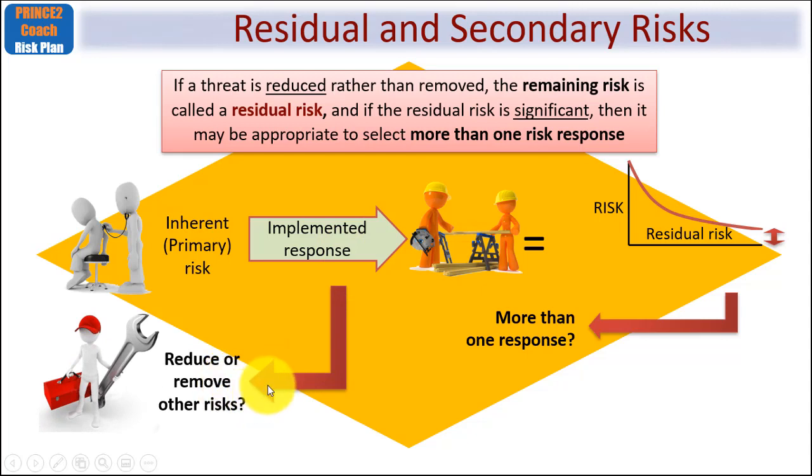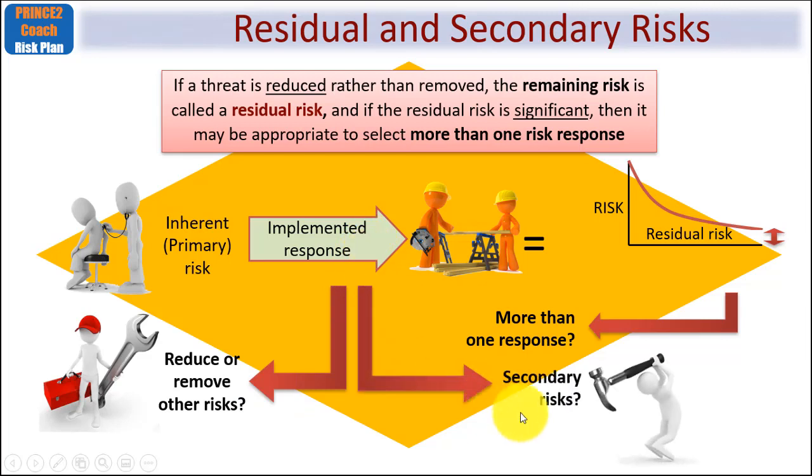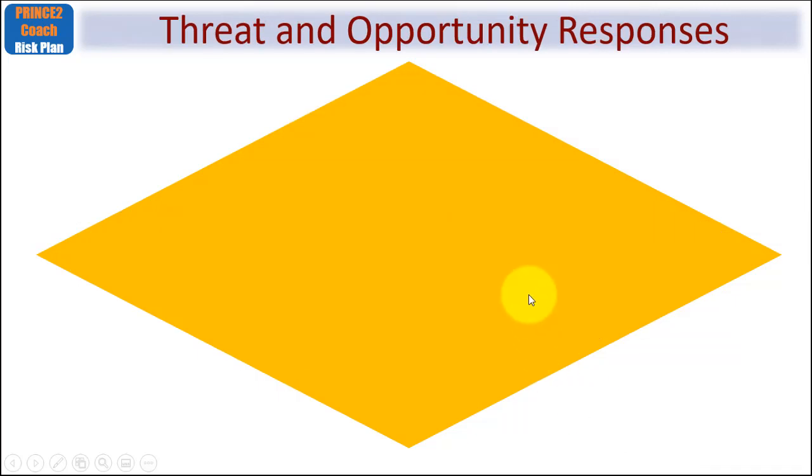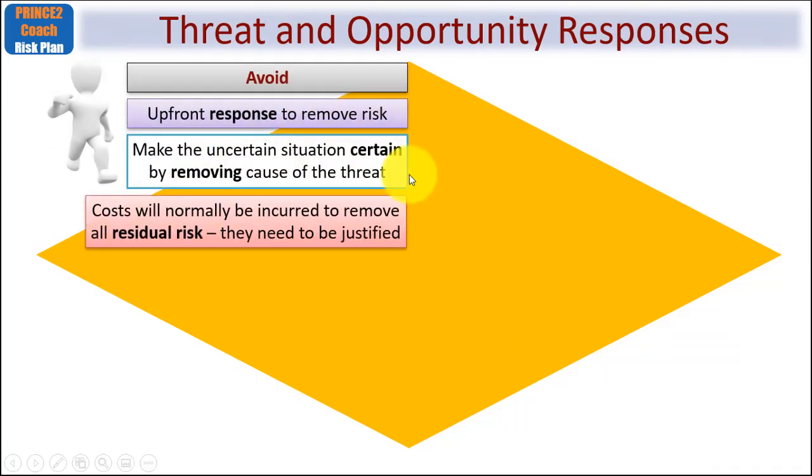Very often, reducing one will have a knock-on effect on other risks, as I'm suggesting here. However, by implementing your primary response, that may have a knock-on effect of creating new secondary risks. So with that as a backdrop, let's now look at both threat and opportunity responses.